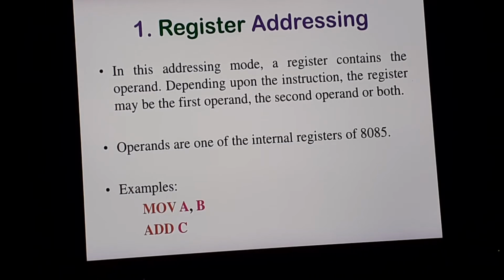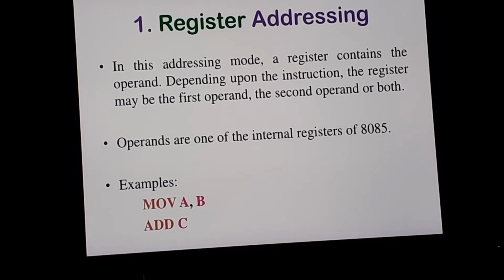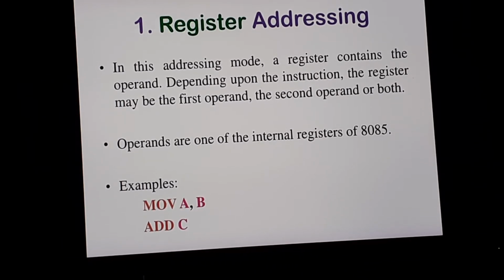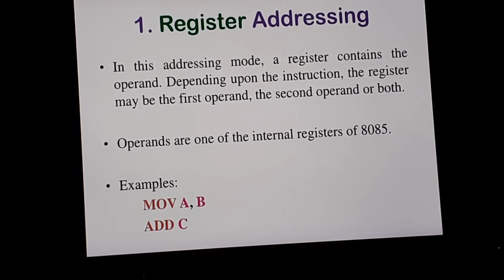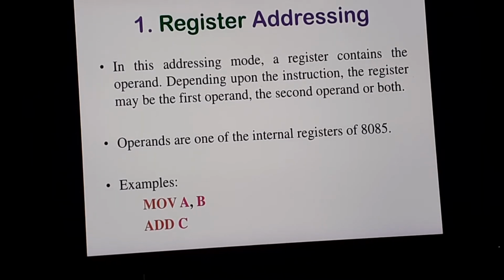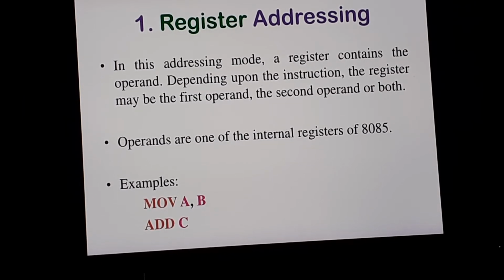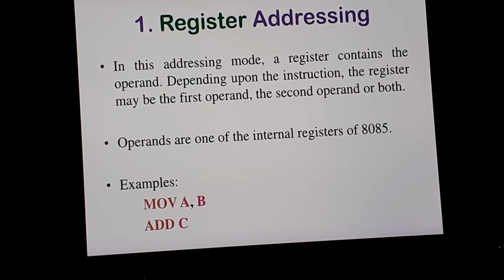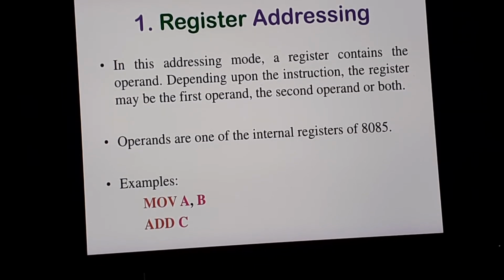A register means A, B, C, D. So these registers contain the operand. Operand is nothing but the 8-bit binary data. Depending upon the instruction that we write, the register may be the first operand, the second operand, or both.